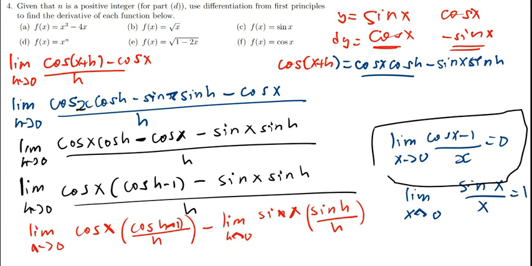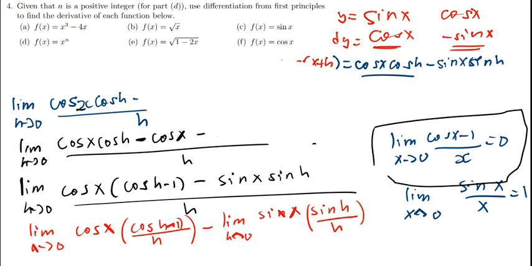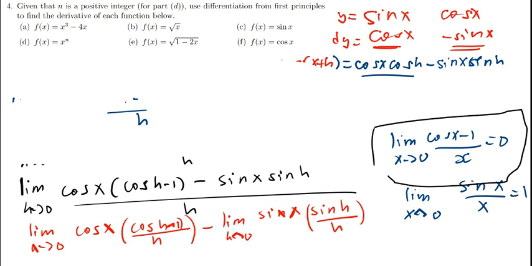Meaning, I'm now remaining with just cos x times 0, because this thing is going to give me 0.